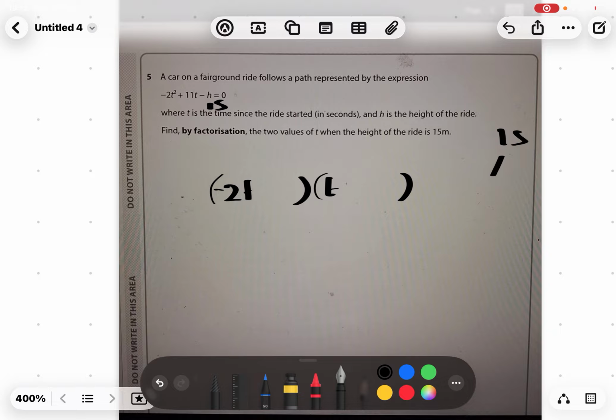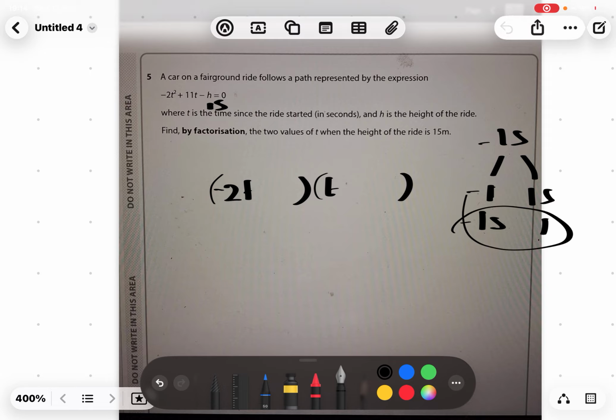We have to think of two numbers that multiply each other to give us 15. Things like 1 and 15, 15 and 1. So 1 is going to be negative 1, because one of them has to be negative to make a negative. So minus 1 times 15 equals negative 15.